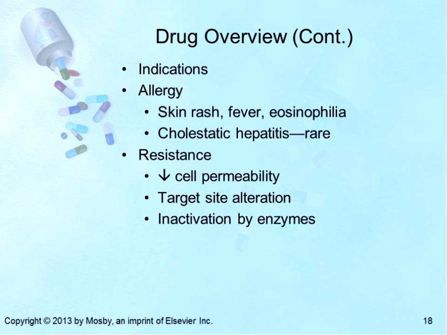This decreased binding confers a high degree of resistance. The third major mechanism is drug inactivation by enzymes. The use of macrolides increases the nasopharyngeal presence of macrolide and penicillin-resistant pneumococci.